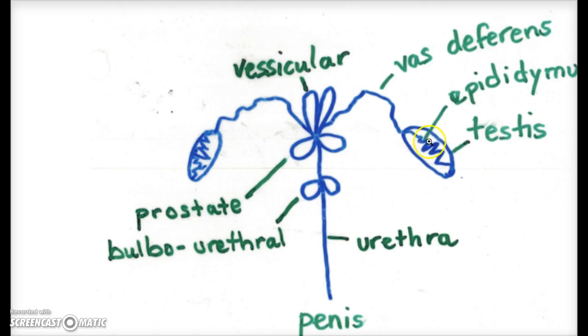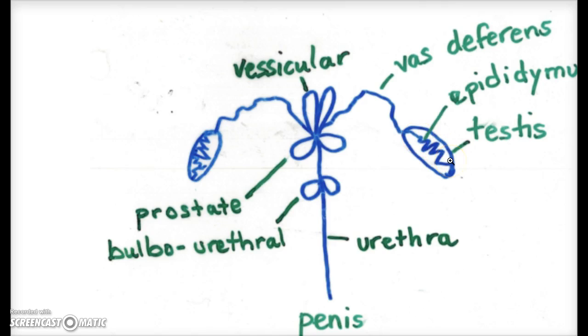The testes are actually tubular. So if you look at the microscopic tissue, they're formed of lots and lots of little tubes, and it's inside these tubes that the sperm develops. When the sperm is mostly fully formed, it exits through a tube that's called the epididymis, and this tube is sort of wrapped or laid across the surface of the testis.